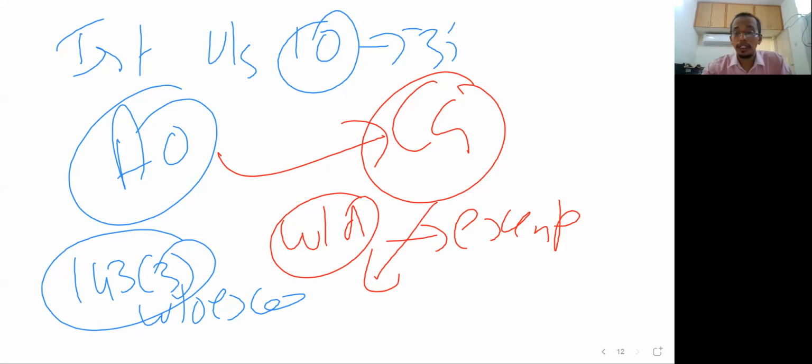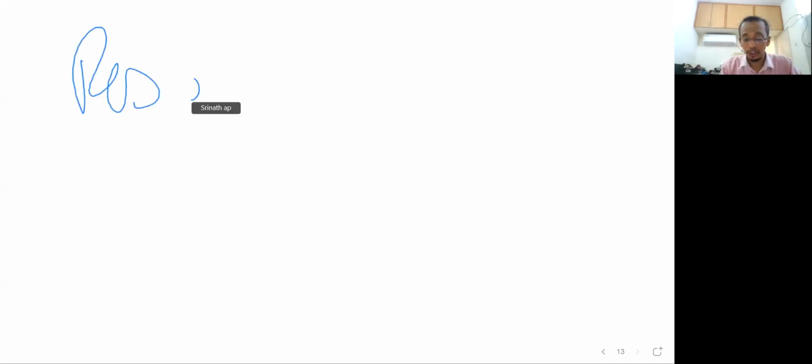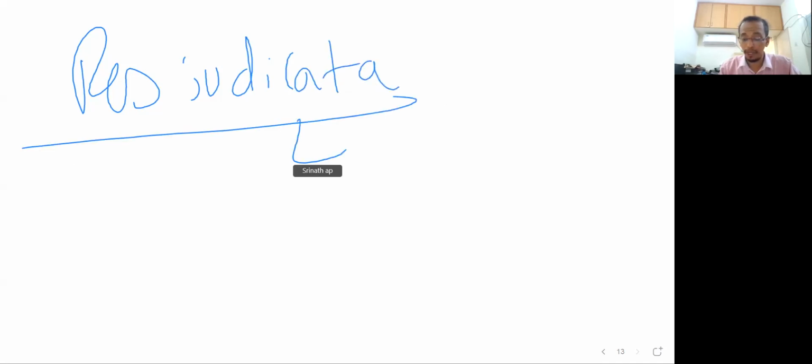Now, let's understand a few issues that we have got in assessment. We'll take the first one as res judicata. Is it applicable for income tax cases?